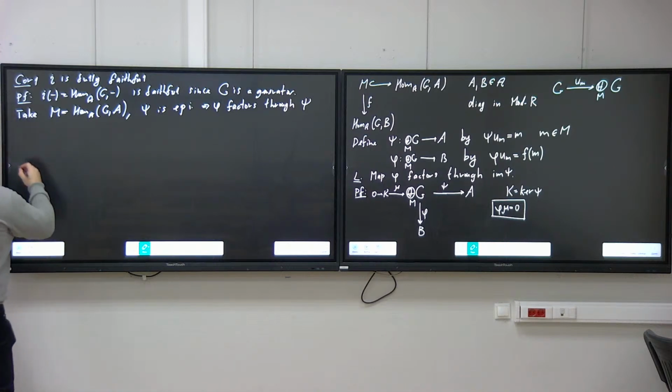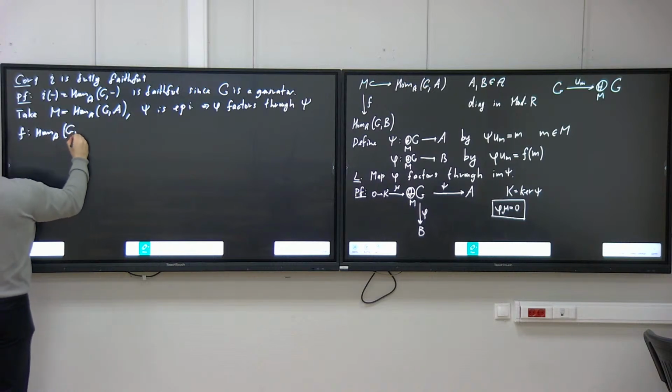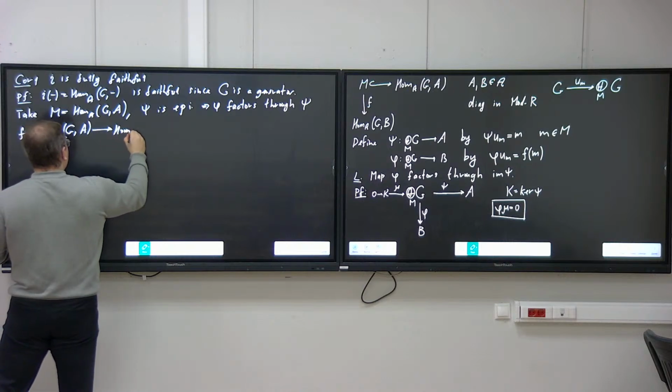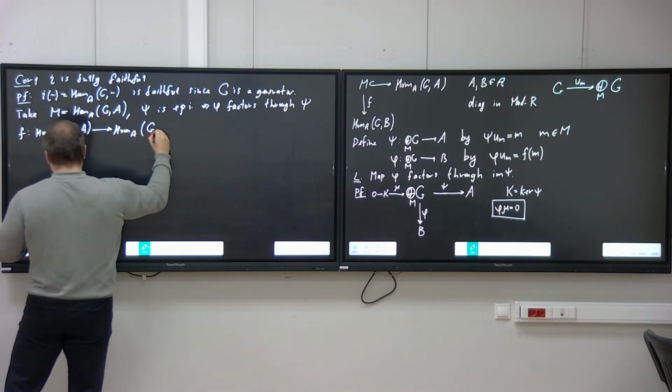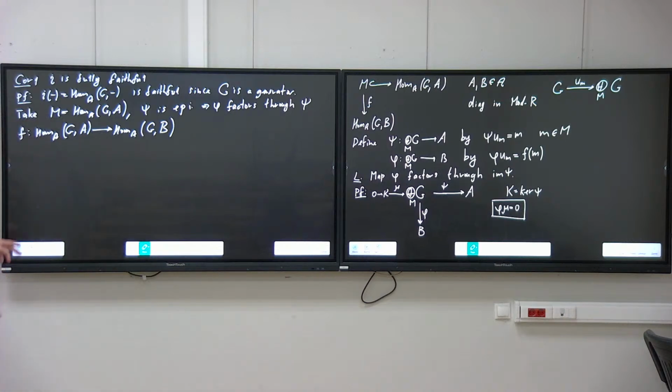So now if I take some map F, right, so that will be a map from the Hom from G to A to the Hom over A from G to B. So on one hand, this is the map that we need in that diagram.